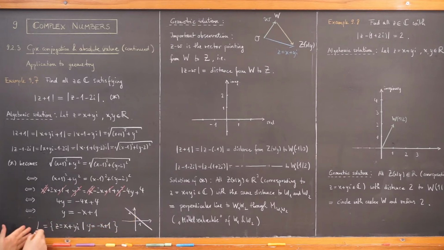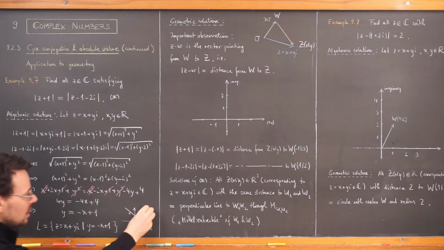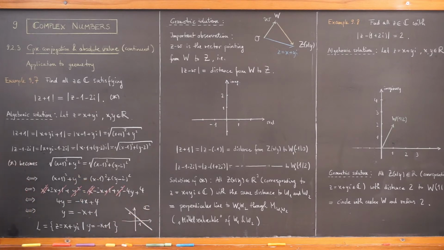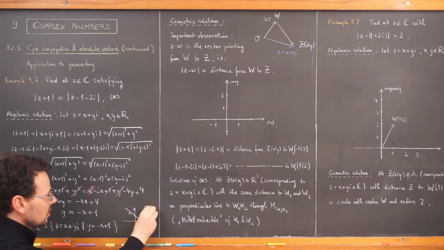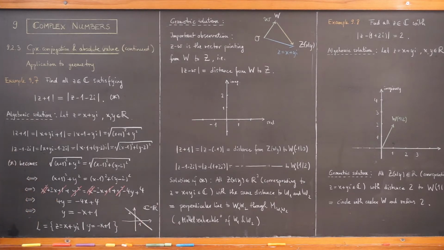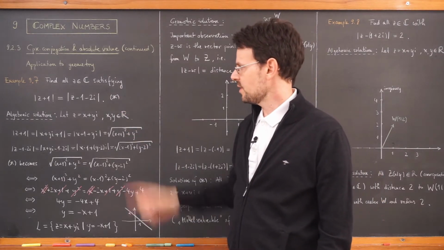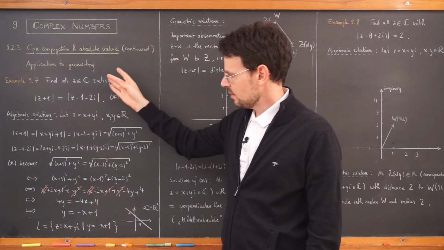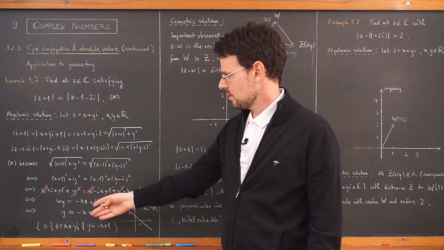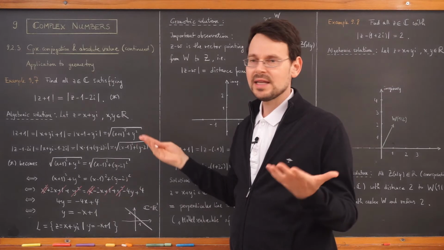So the set of solutions geometrically represented is this line in the complex numbers, which, remember, are nothing but real vectors with two entries.